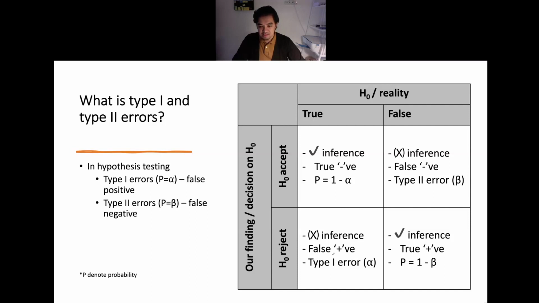Usually what we want is that if you reject the null hypothesis and in reality it is also false, you have a correct inference, the true positive. When you reject the null hypothesis, of course you are accepting the alternative hypothesis.